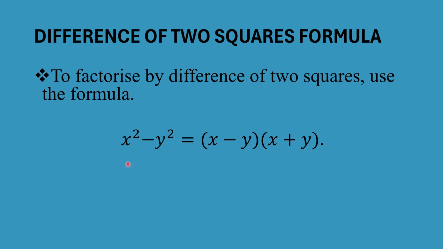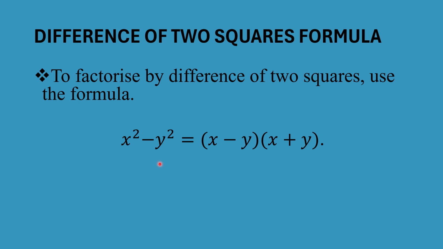So the question is going to say, okay, factorize x squared minus y squared. When you're factorizing this, the answer is going to be x minus y, x plus y. This is a formula for difference of two squares.